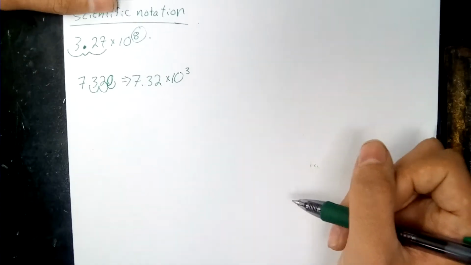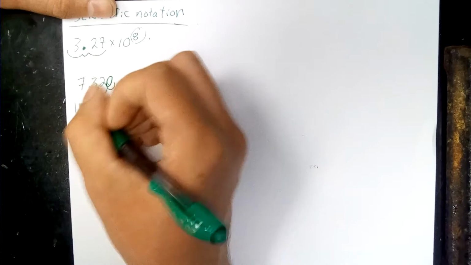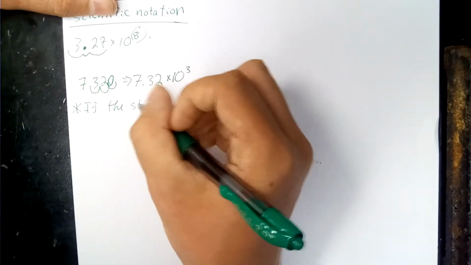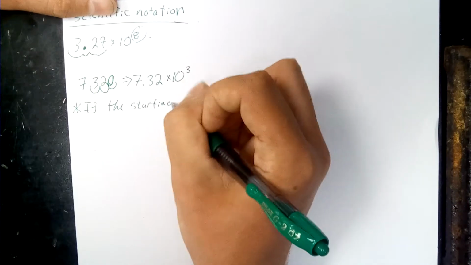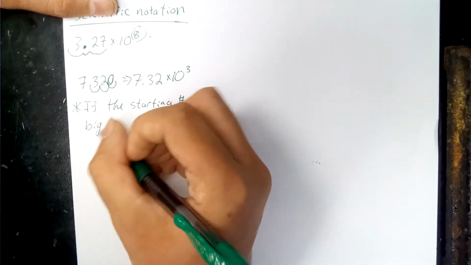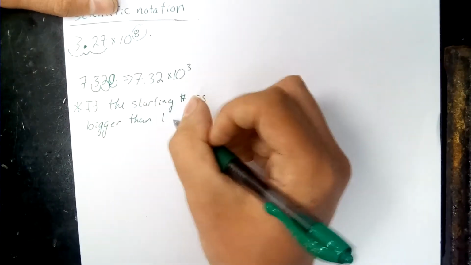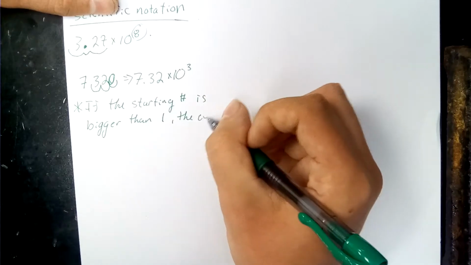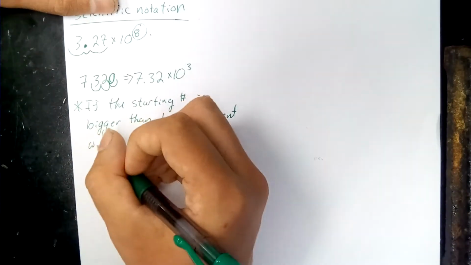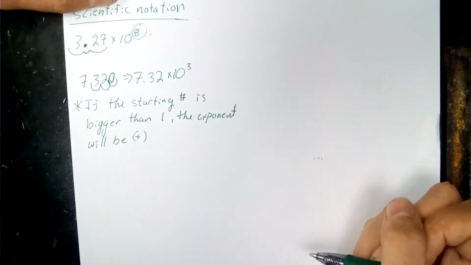Now the big part about all of these: if the starting number is bigger than 1, the exponent will be positive.